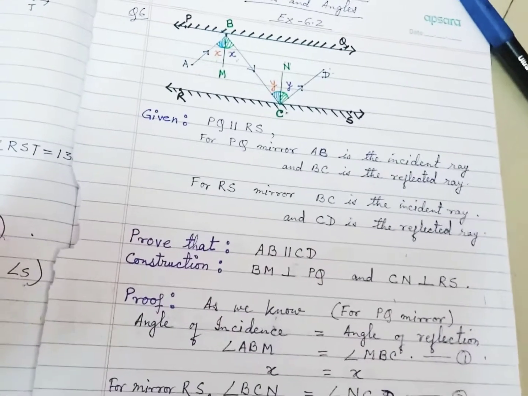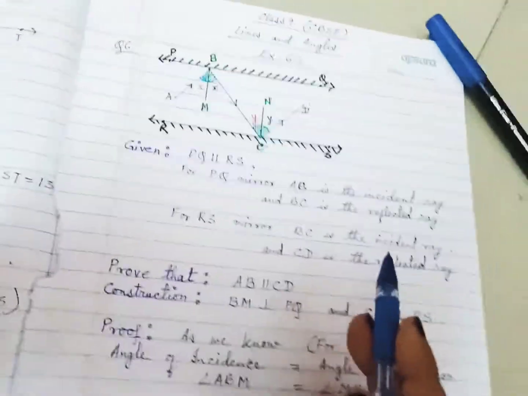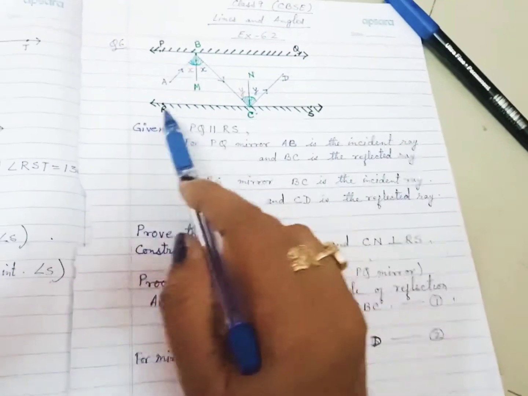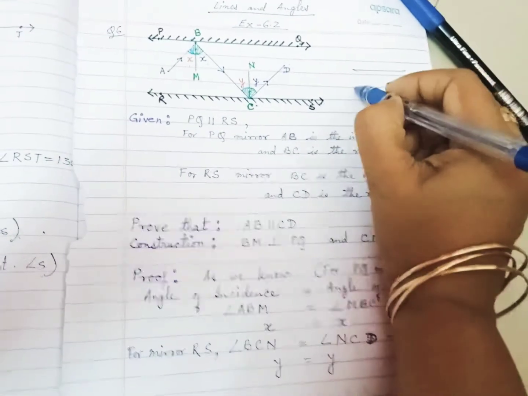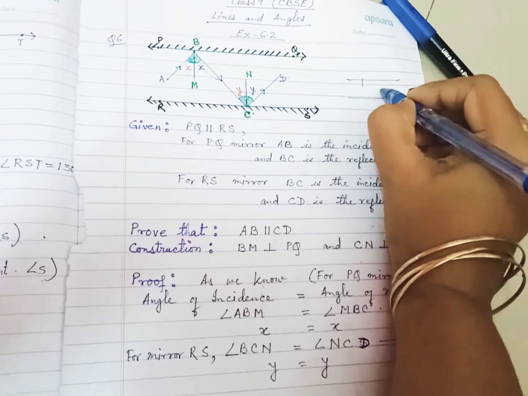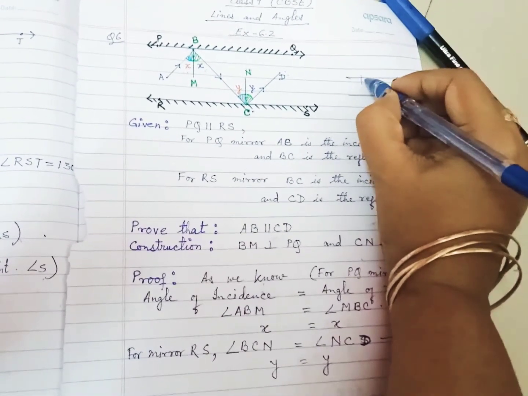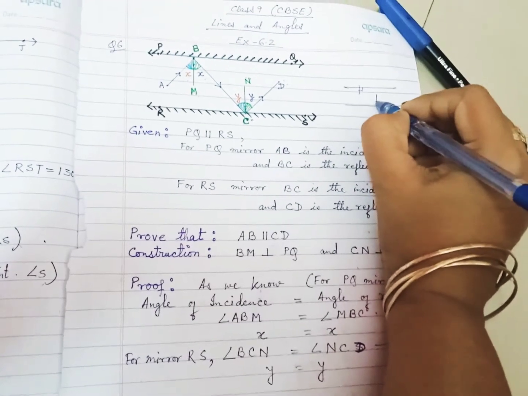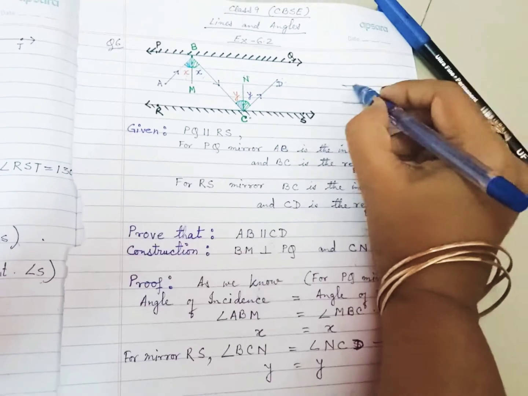Since PQ and RS are parallel to each other, if we draw the normals, they make 90 degrees, so obviously the normals are also parallel to each other.